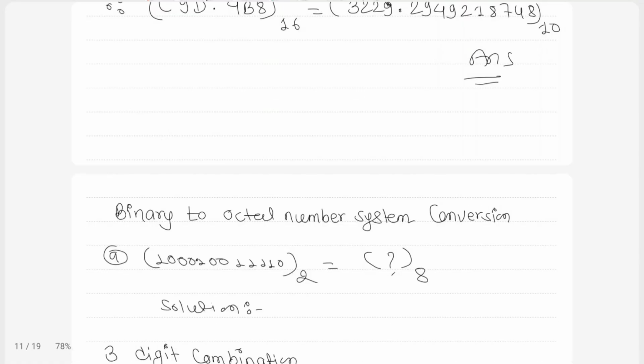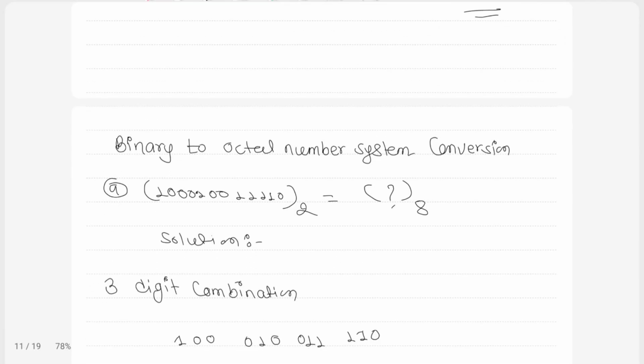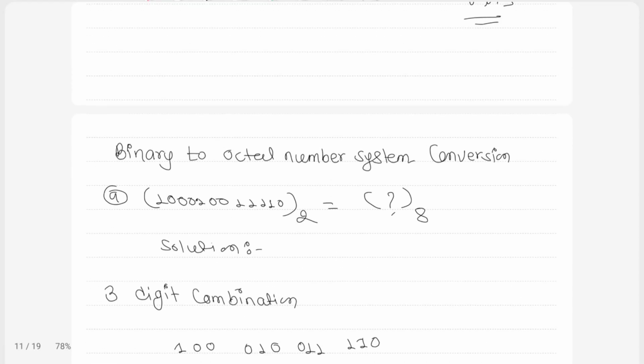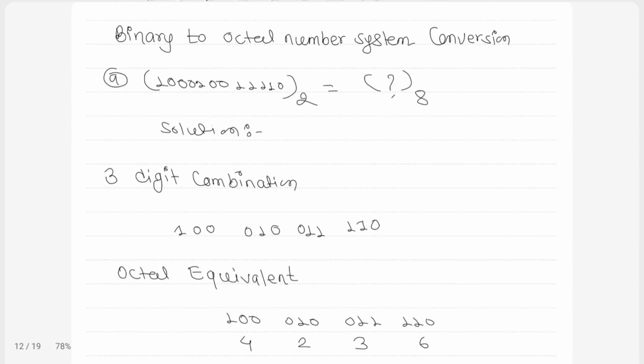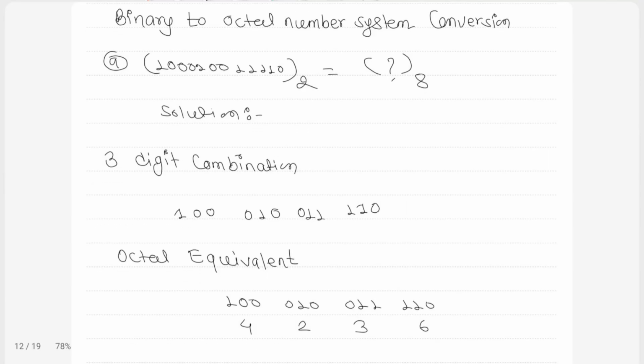Another conversion is binary to octal number system conversion. That is a simple conversion. When we have binary digits, we convert them into octal.